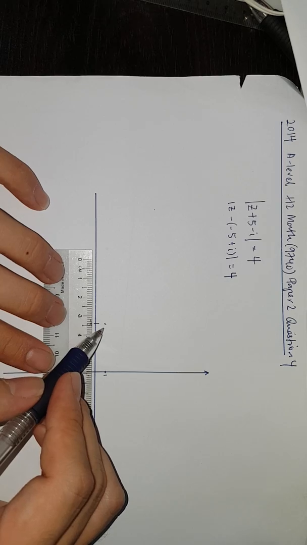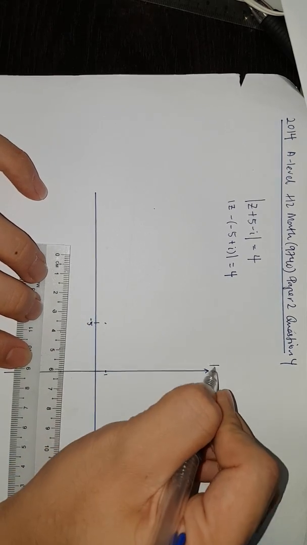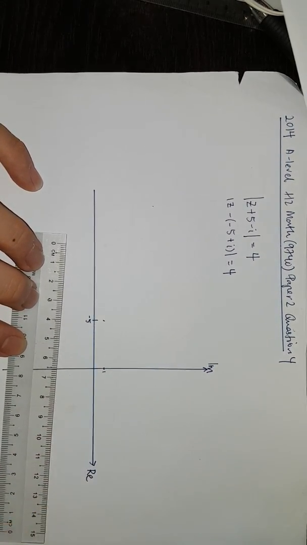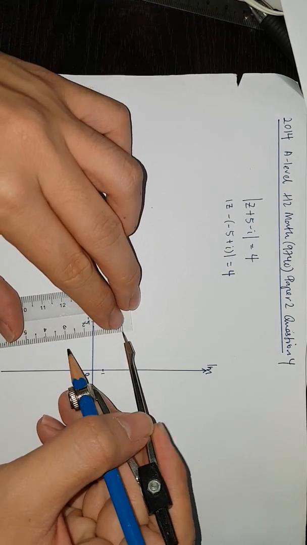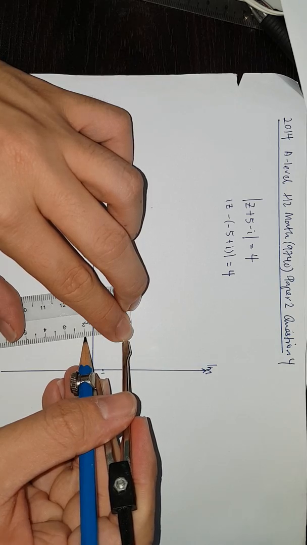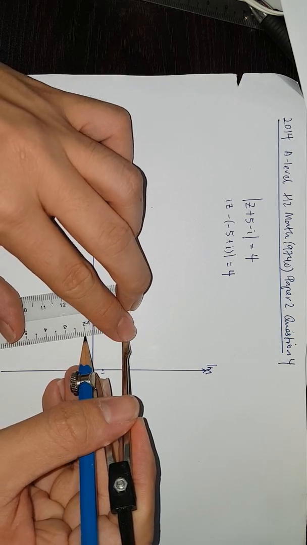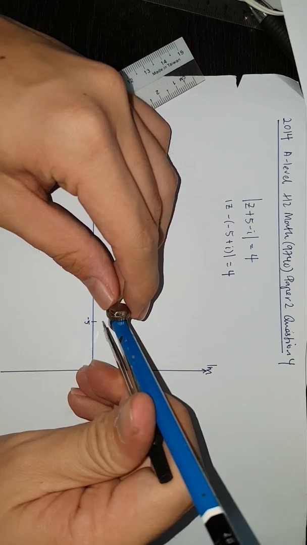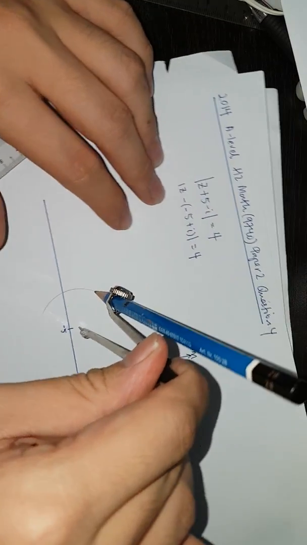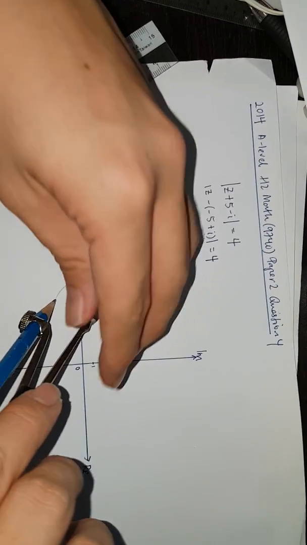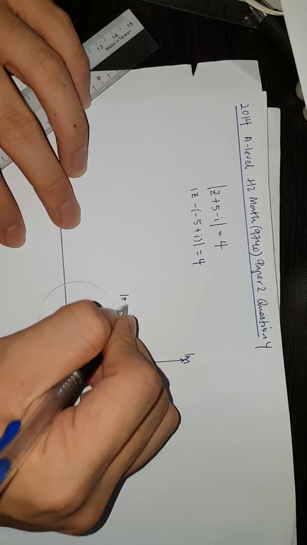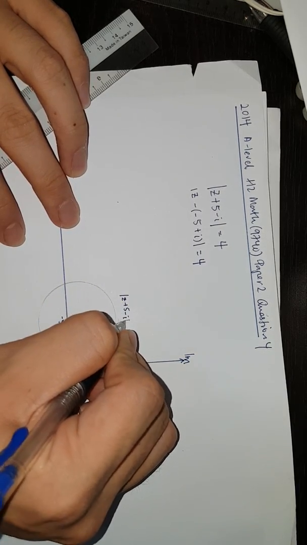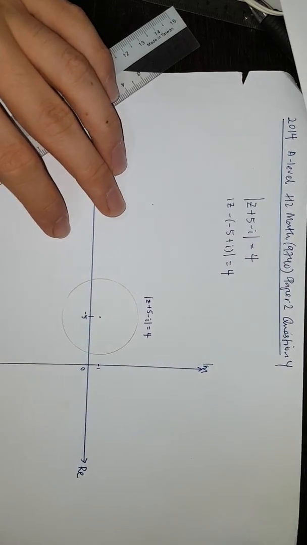This is my center, and this is my imaginary axis, and this is my real axis, and what I will get is basically 2 cm for 4 units. So this circle over here is my modulus of z plus 5 minus i equals 4, with a radius of 4.